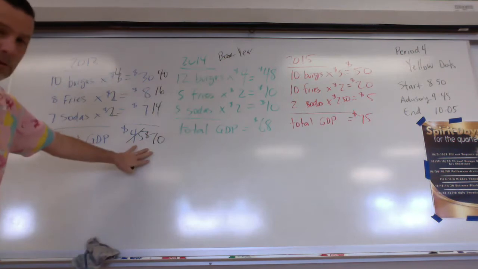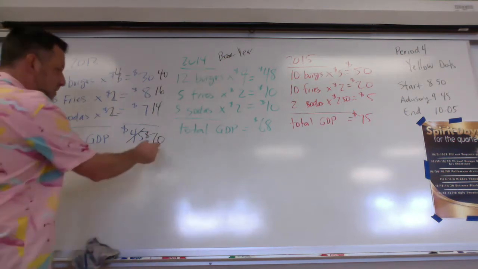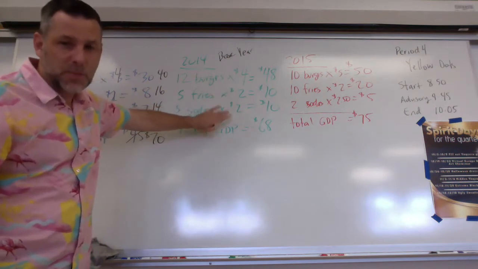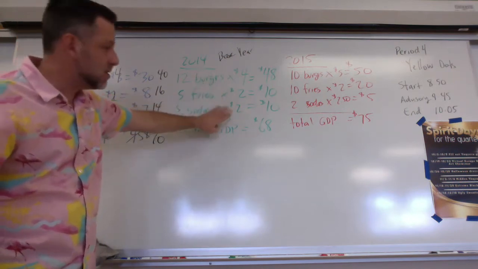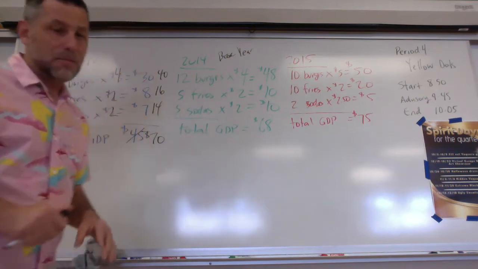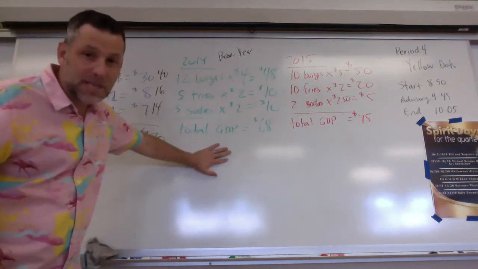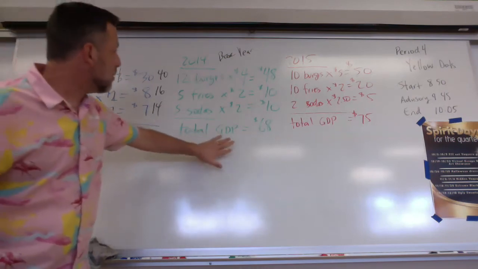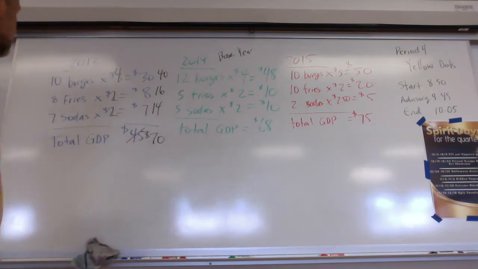So I got 70 as my GDP. My base year, I don't need to change because it's already in base year prices. So that's still going to be 68. So the first thing that we see is that based on 2014 being our base year, 2013 was actually slightly more productive than 2014 was.